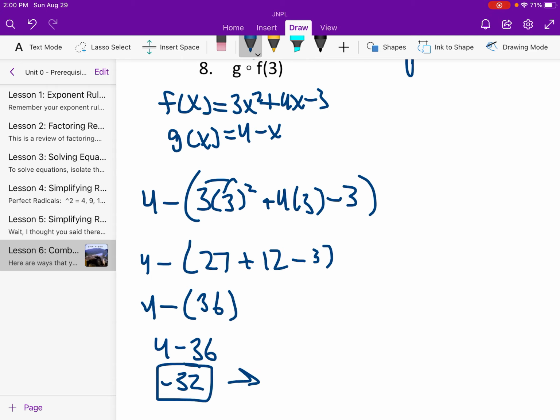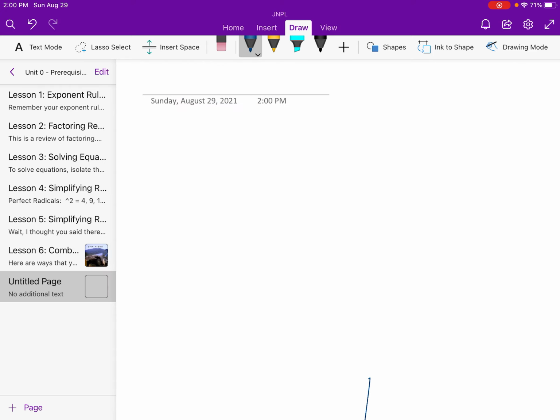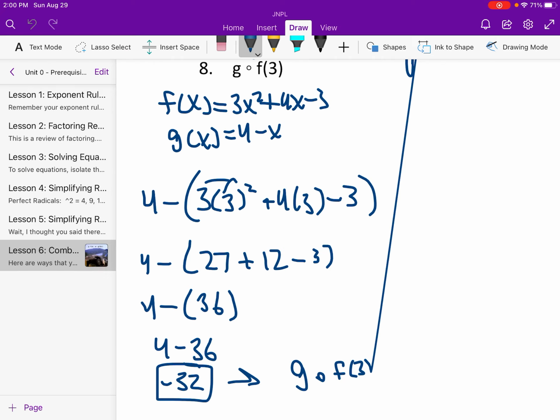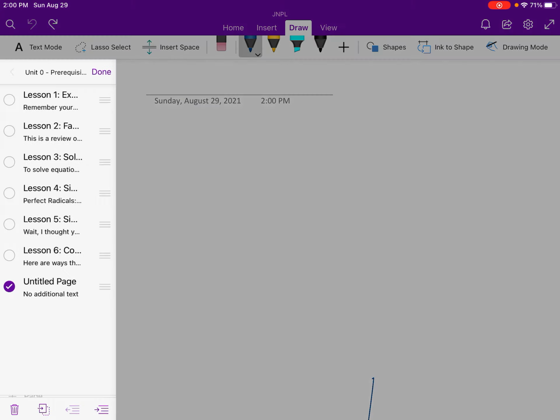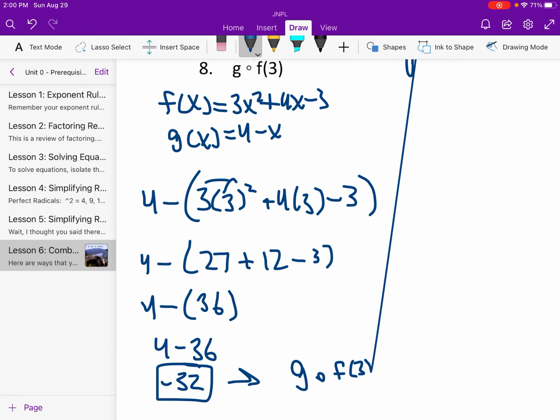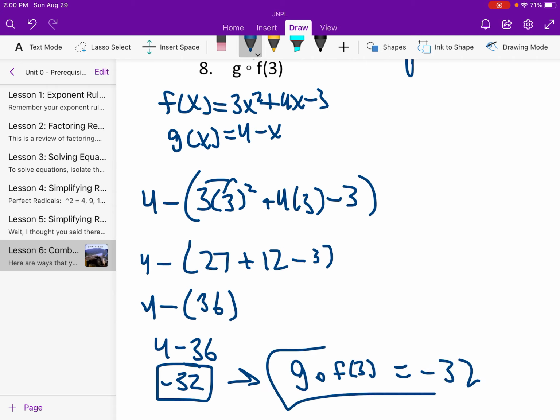So, in conclusion, g composite f of 3 equals negative 32. And there you go.